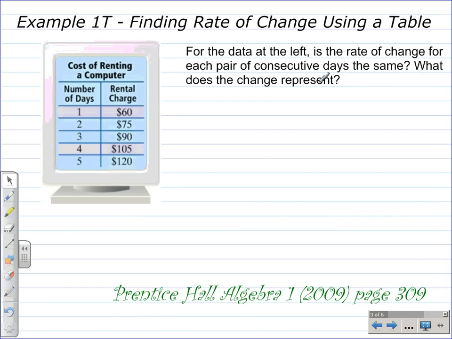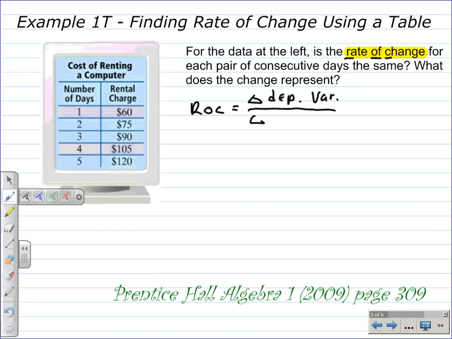Remember, we just saw that the rate of change is the change in the dependent variable over the change in the independent variable. So the rate of change, I'm going to abbreviate it ROC, is equal to the change in the dependent variable over the change in the independent variable.